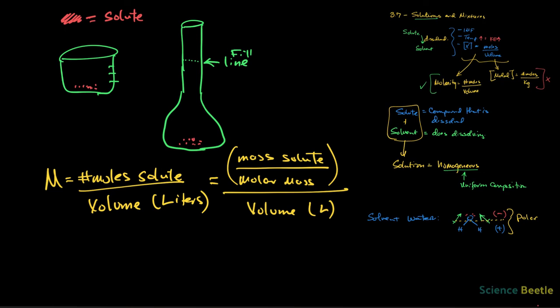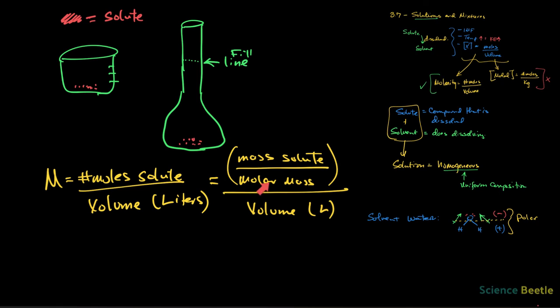Now, if you're asked to prepare a solution, typically what will be given to you is the identity of the substance, the identity of the solute. Then you should be able to figure out the molar mass of that solid by looking it up on the periodic table. With that information in hand, if they give you a certain mass, just plug the mass up here in the numerator.